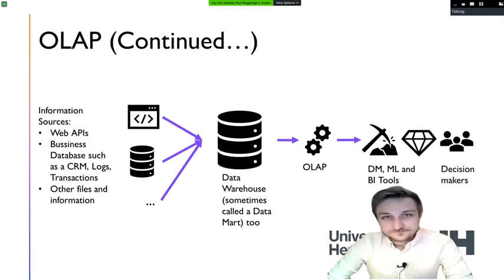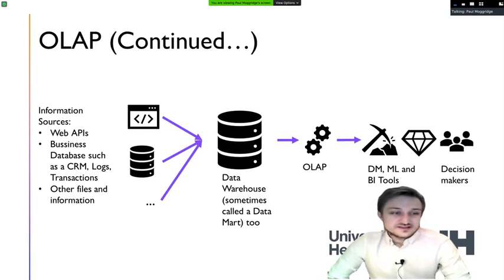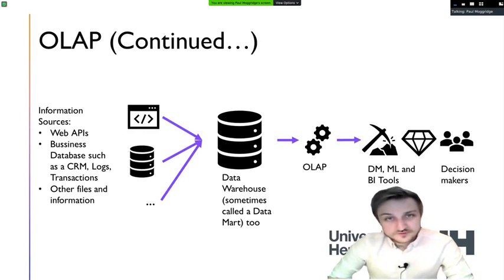So on the left here, we have some data sources. The most typical data source is, of course, going to be a relational database from an operational system. But there might also be other unstructured sources, for instance, documents, other files like audio files, and maybe information that you're pulling from web APIs.